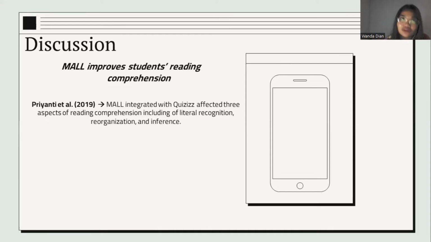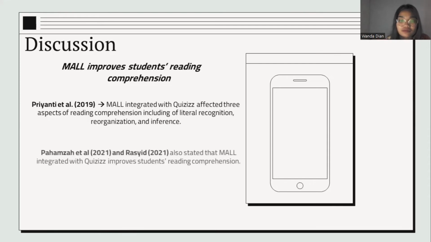Reorganization is actually a skill related to classifying information into its category, and inference is a skill related to predicting the outcomes, main idea, as well as implicit information and cause and effect relationship in the text.